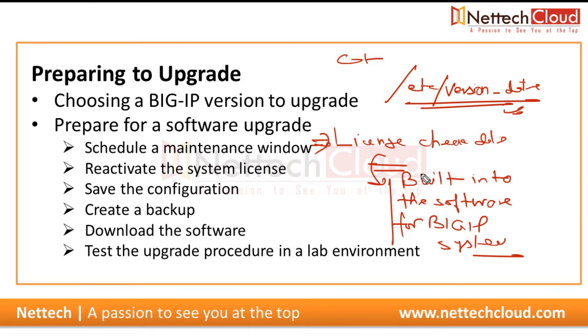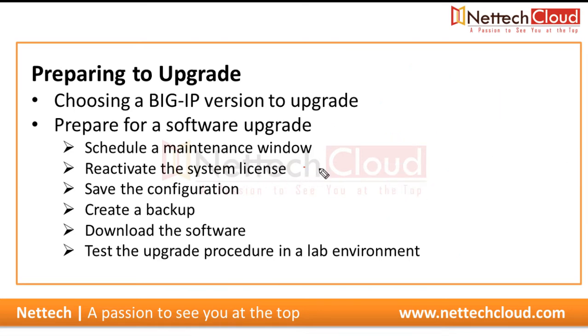Right, so you understand what I mean by the license check date and the service check date. Let me explain further. For example, the license check date built into F5 BIG-IP, let's say 16.0, is June 2020.